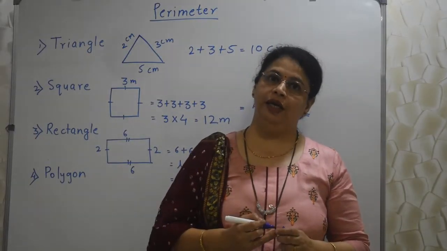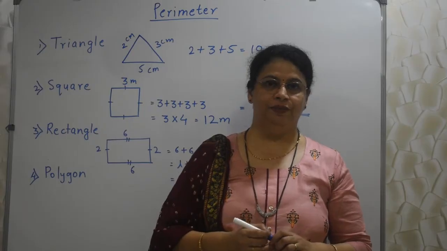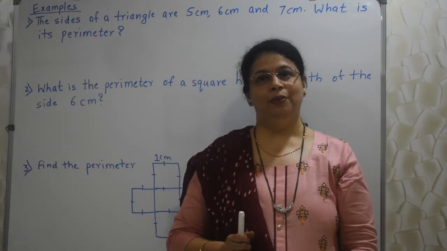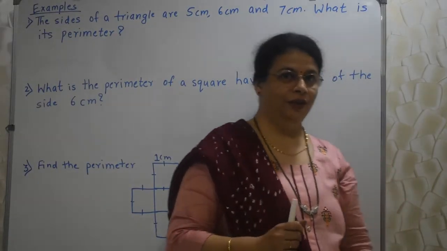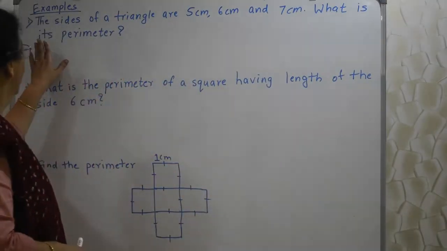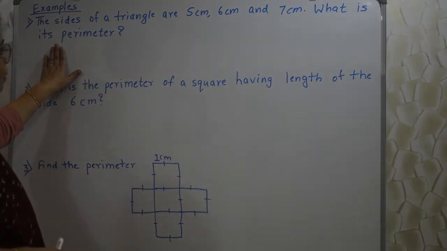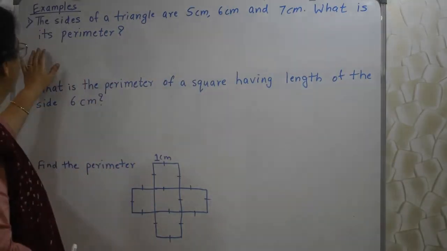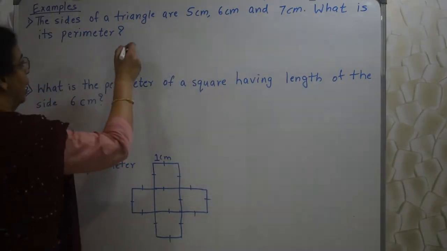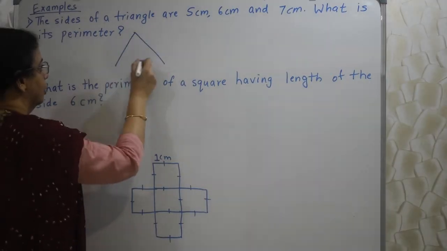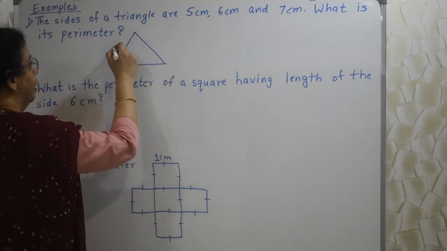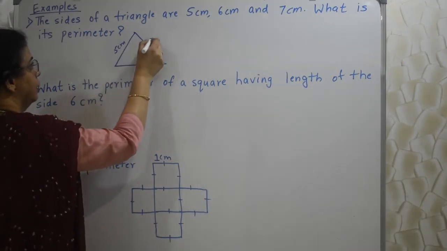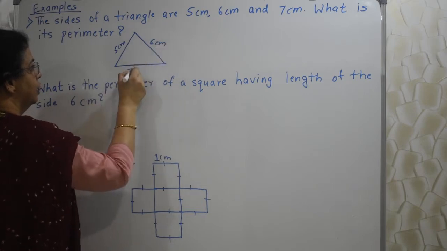Now let us take a few examples. Students, let's begin with the examples. The sides of a triangle are 5 cm, 6 cm and 7 cm. What is its perimeter? Now a triangle is there, 5 cm, this is 6 cm suppose, and this is 7 cm.